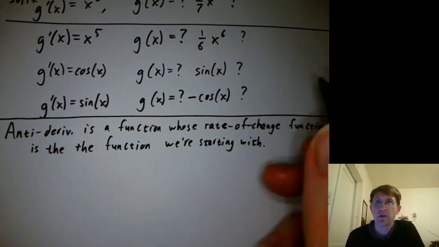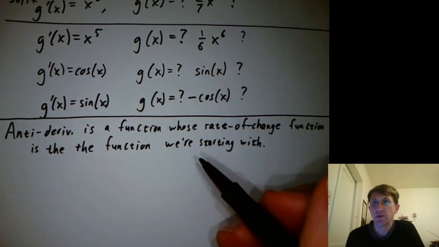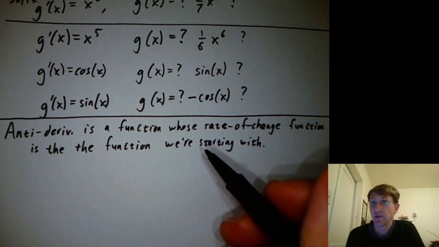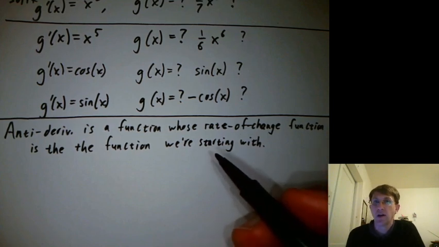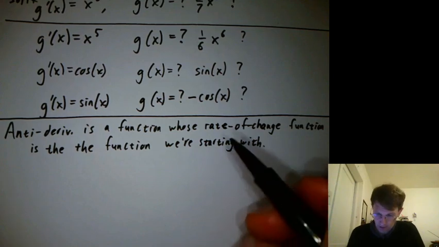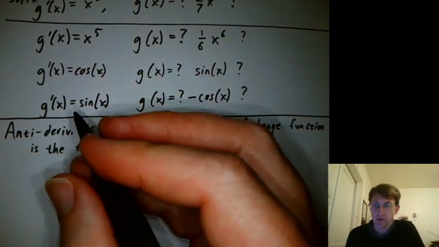Some people would say, what's the original function if I know the derivative? Some people would say, what's the parent function if I know the derivative? In some countries, I think they tend to call it the primitive function. That's fine too. How do we write this?